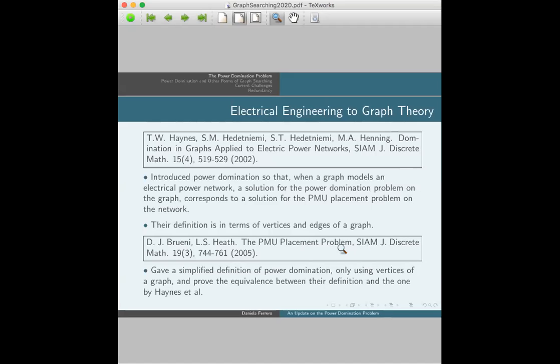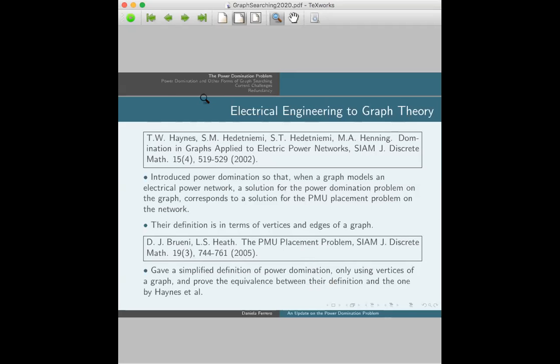Later, these authors published this other paper in which they simplified the definition, and it is only given in terms of vertices. In fact, people were already using it because it was kind of clear, but they were the ones who gave a good proof of the equivalence between both definitions.